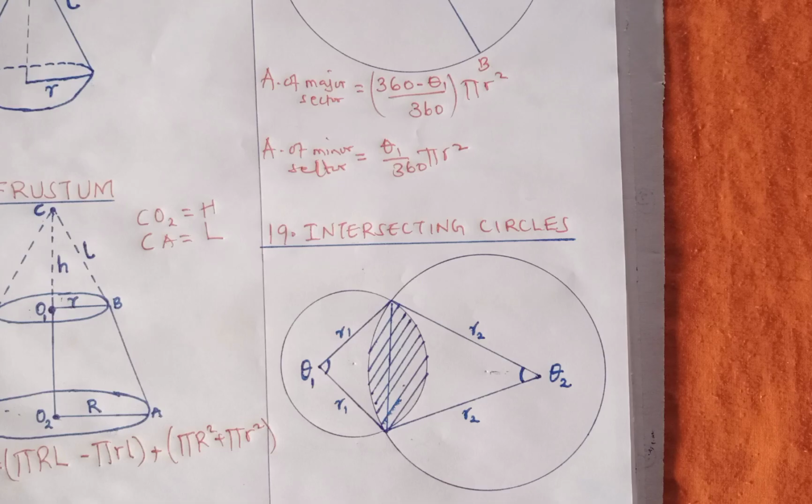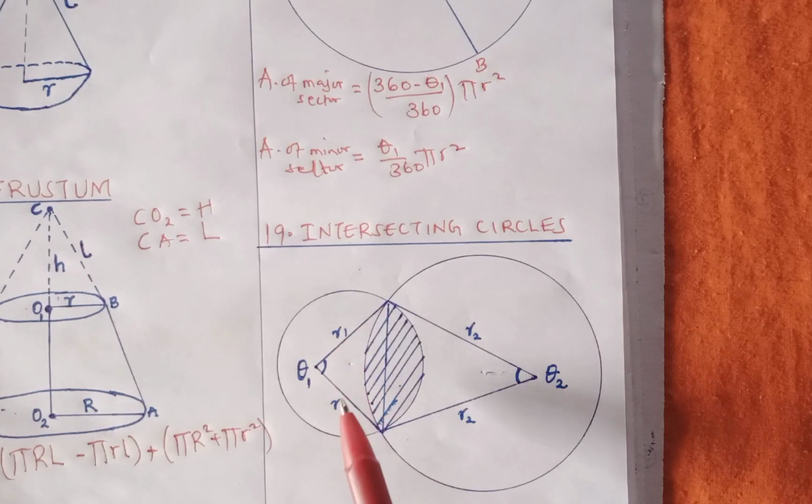The last figure that I'm going to discuss is made up of two circles intersecting at a common point. For circle 1, the smaller one, it has a sector, and the radius for this is R1, and the R1 appearing up here is the same as the R1 appearing down there.